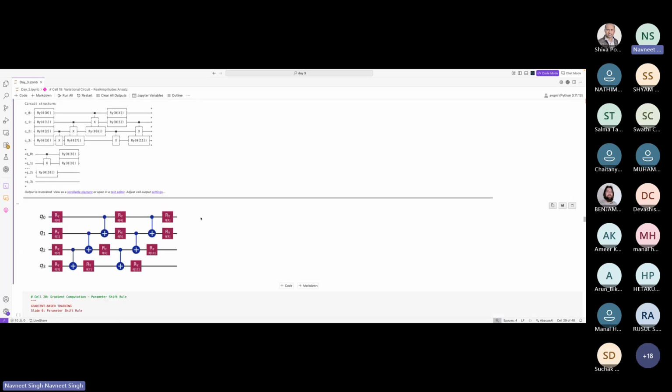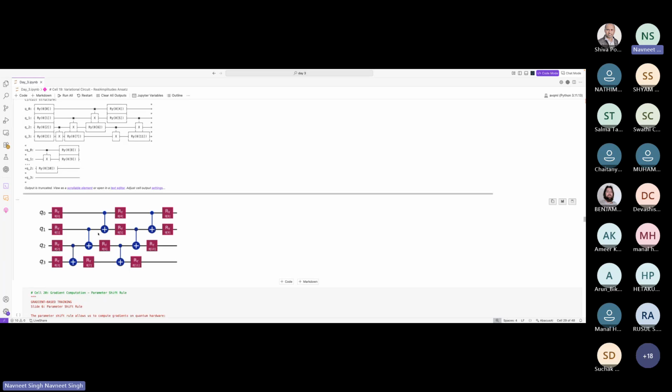If you use another layer here, it can increase the power of your model, but because these gates are noisy in real quantum computers, the performance will decrease. And you can see there's a layer of parameterized RY rotations on each qubit, followed by the entangling CNOTs.